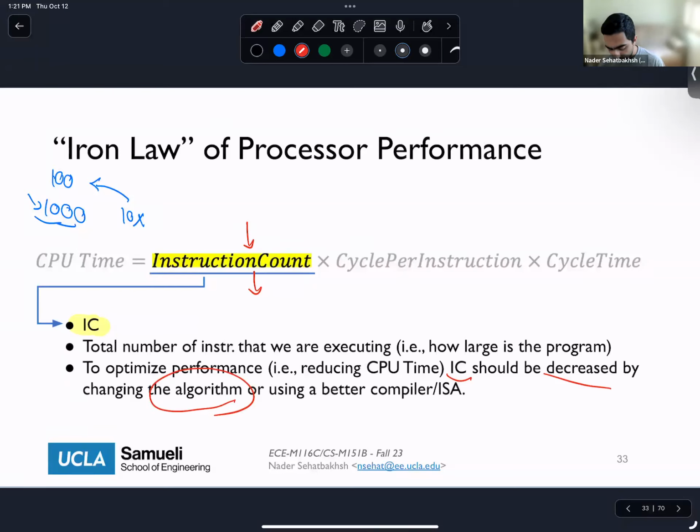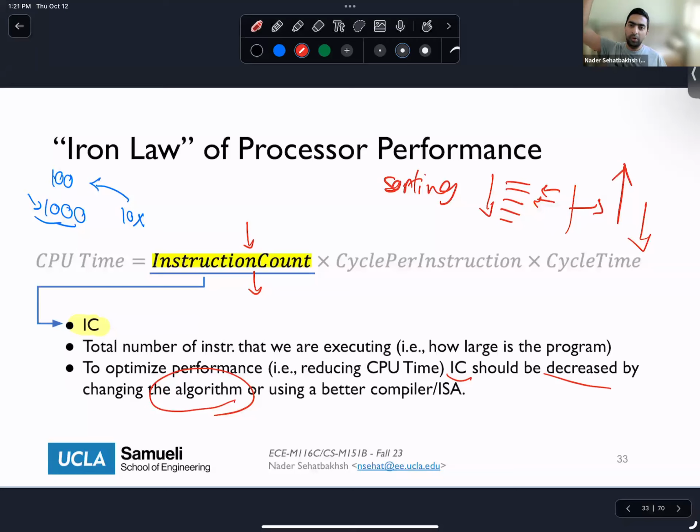If, for example, you're doing sorting, and your sorting is very complex, then you definitely need more instructions, right? So it means that your general CPU time will be higher. So if you manage to use a more clever algorithm, for sorting or for whatever else you want to do, then the number of instructions reduces, and as a result, your CPU time reduces, okay?